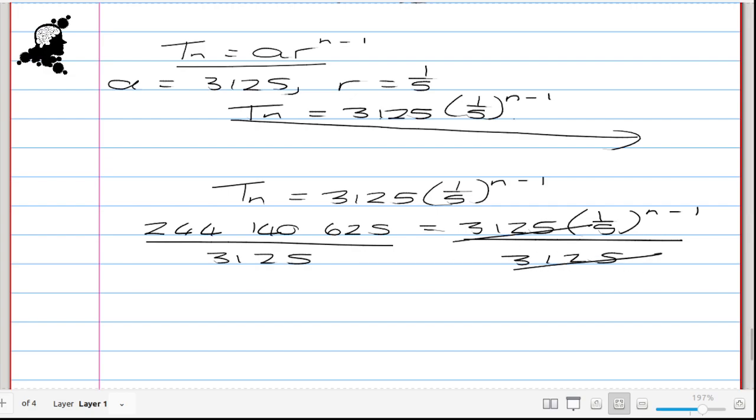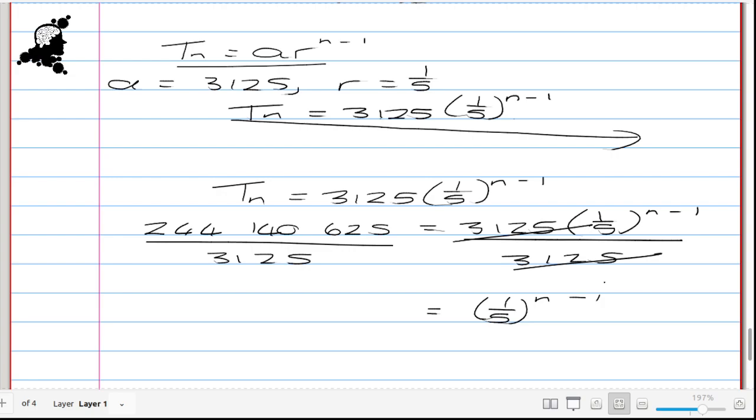This is going to cancel this. I am going to remain on this side with 1 over 5. Let me write it on the next line to make it neater. So we have 1 over 5 to the power n minus 1.